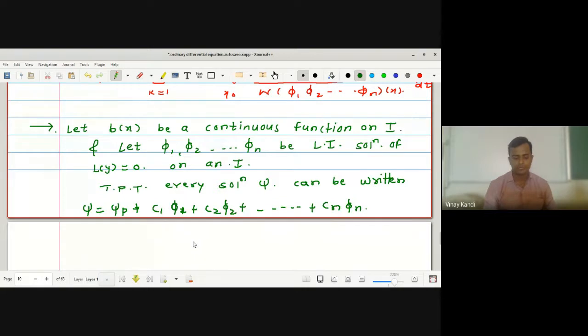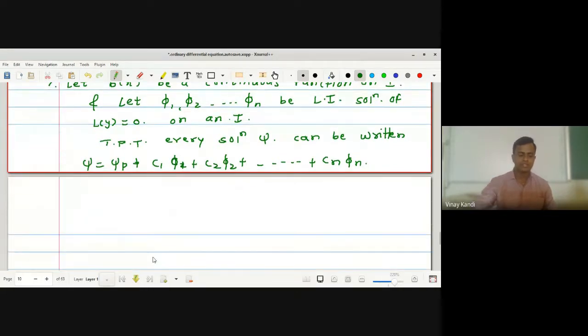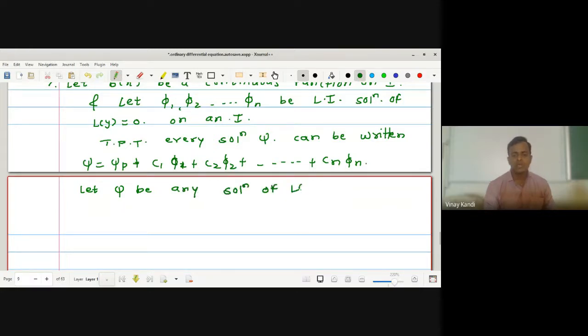Now let psi be any solution of L of y is equal to b of x, and psi p is the particular solution of L of y is equal to b of x.